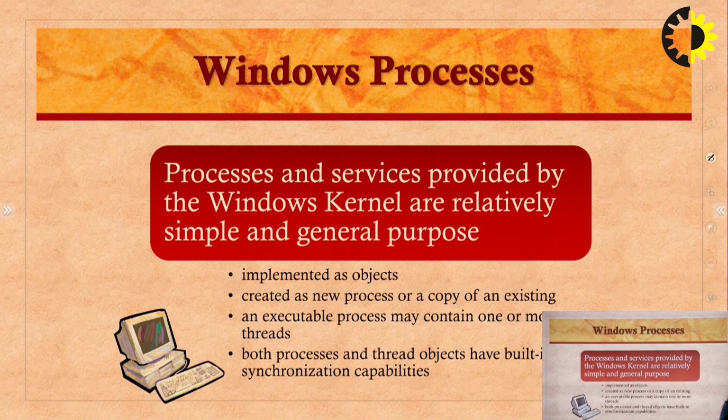Windows processes and services provided by the Windows kernel are relatively simple and general purpose. Windows processes are implemented as objects, and are created as a new process or a copy of an existing one. An executable process may contain one or more threads. Both process and thread objects have built-in synchronization capabilities. Why do we need synchronization? So that a race condition does not happen.